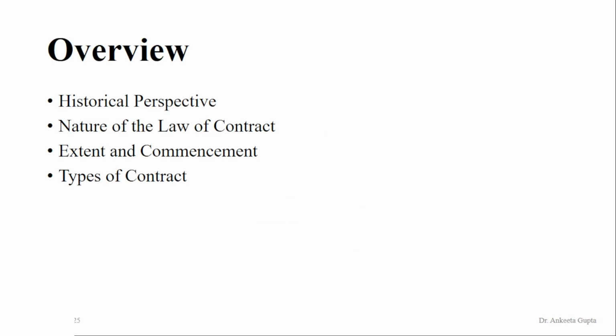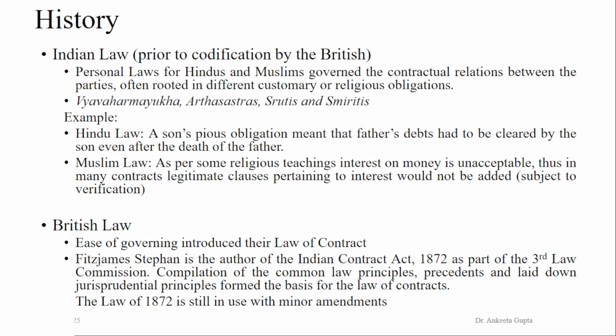Now, the overview for this particular lecture is that we will talk about the history or the historical perspective. We will talk about the nature of the law of contract, the extent and commencement of the statute, the types of contract. Now, when we look at the historical perspective, we find that the Indian Contract Act was created in the year 1872.